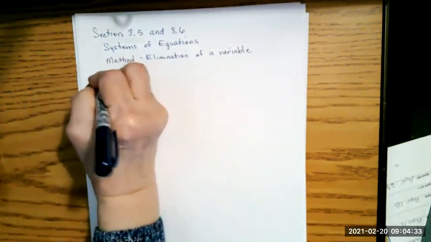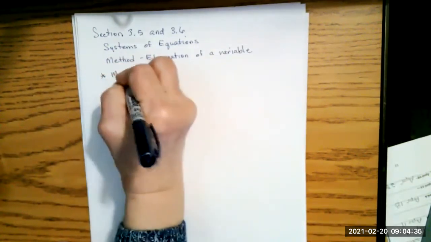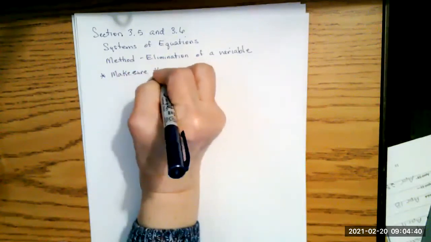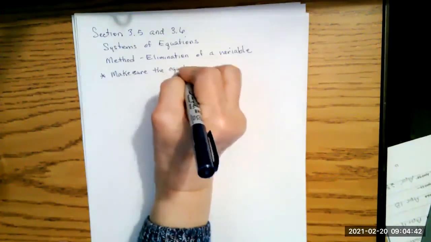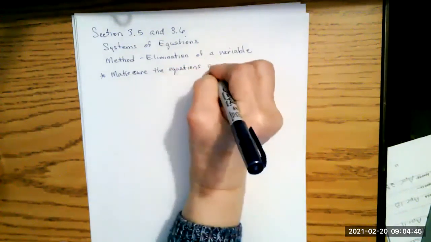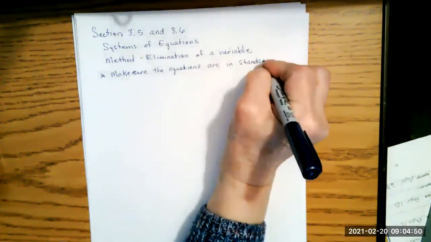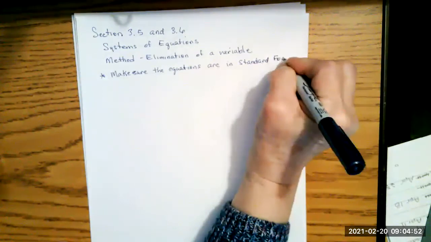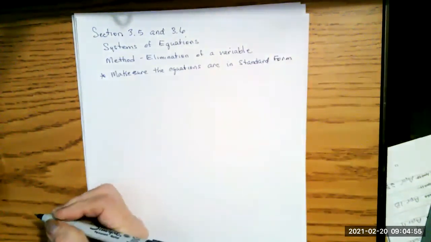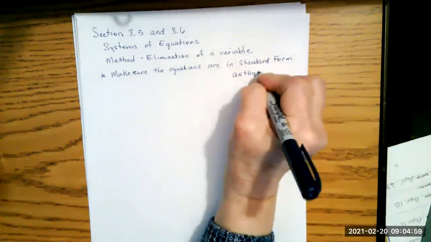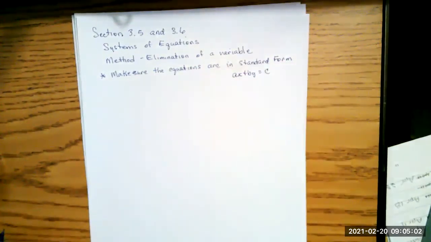You will want to make sure the equations are in standard form. We are used to having equations in the y equals mx plus b form, but this will be ax plus by equals c. So you'll want your x and your y on the left side of your equal sign.